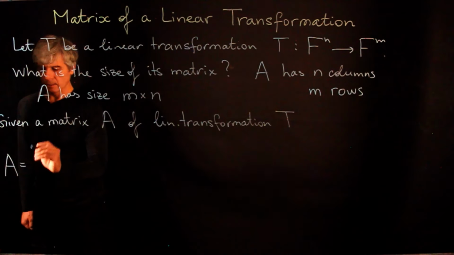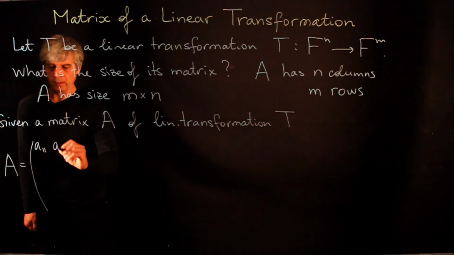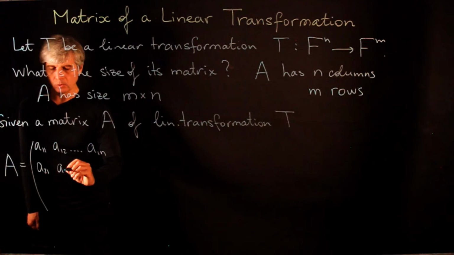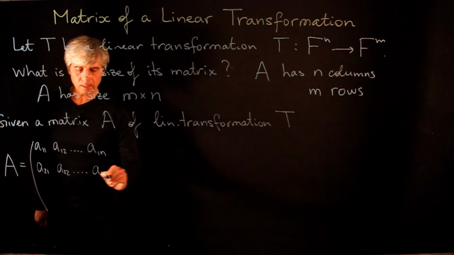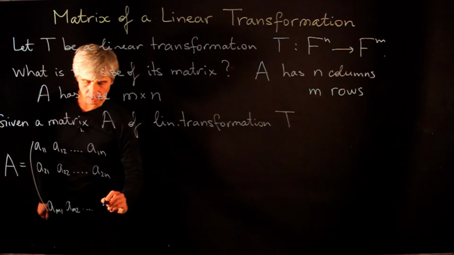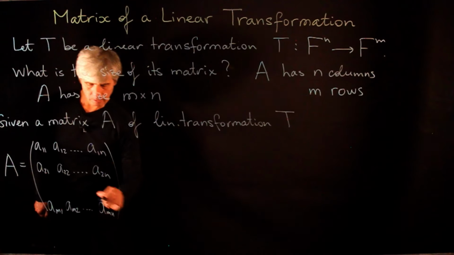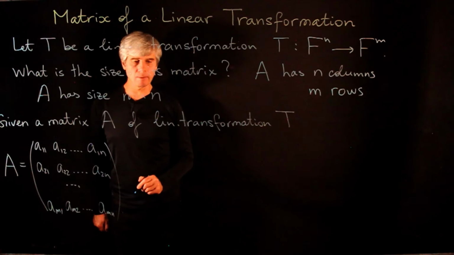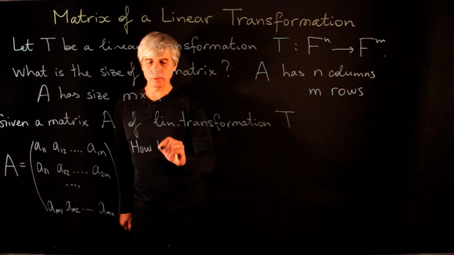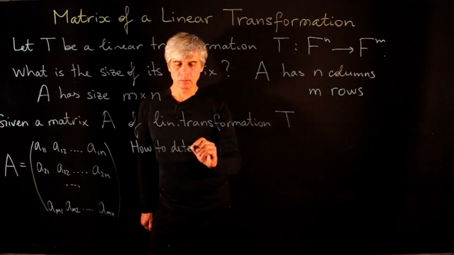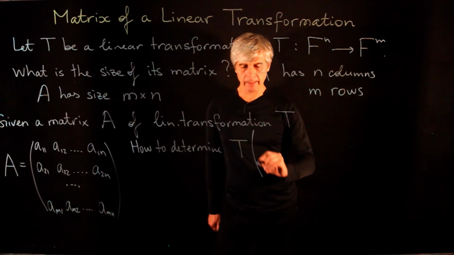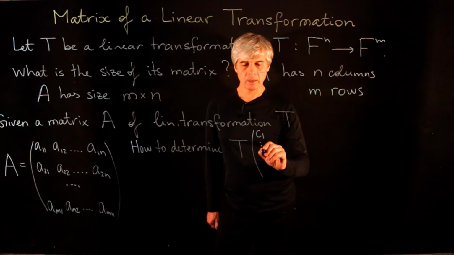So A is the matrix A11, A12, A1n, A21, A22, A2n, and Am1, Am2, Amn. Suppose we are given this matrix. How do we determine T applied to a vector (C1, ..., Cn)?